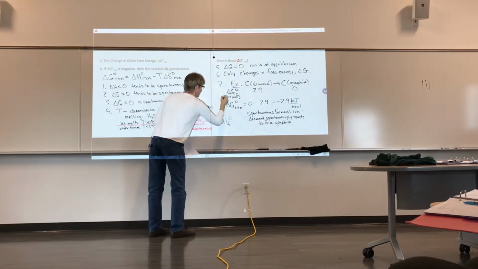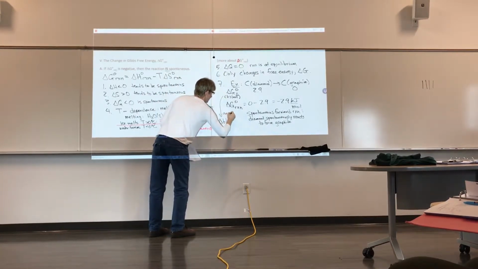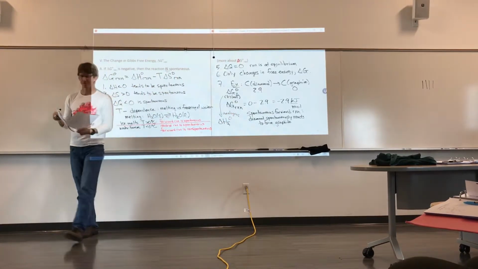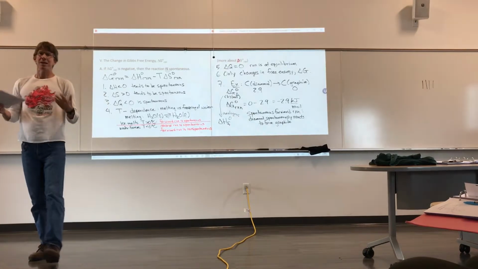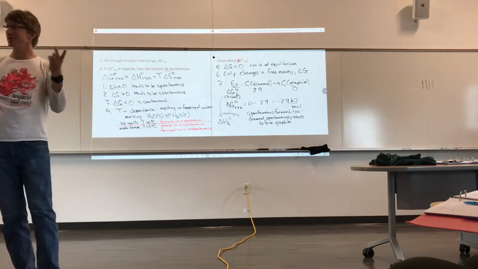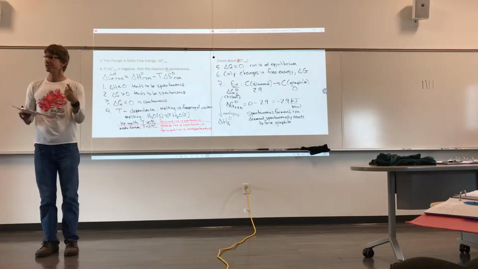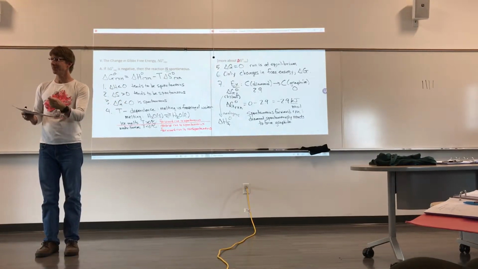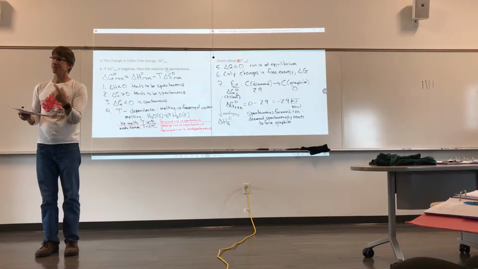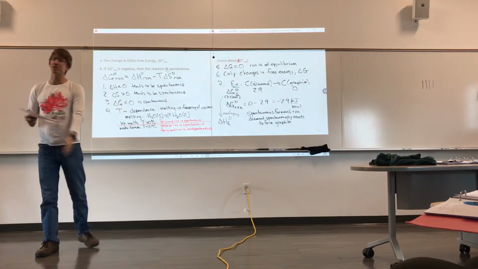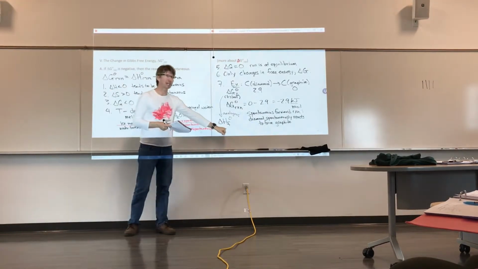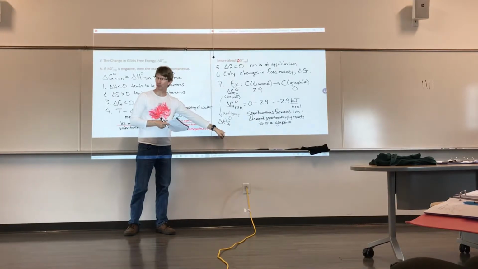When I say they're completely analogous, I will say two more points about that. One is, you can use them in the same way that you use delta HFs. In Chem 400, how we used delta HFs was to find out whether reactions were exothermic or endothermic.